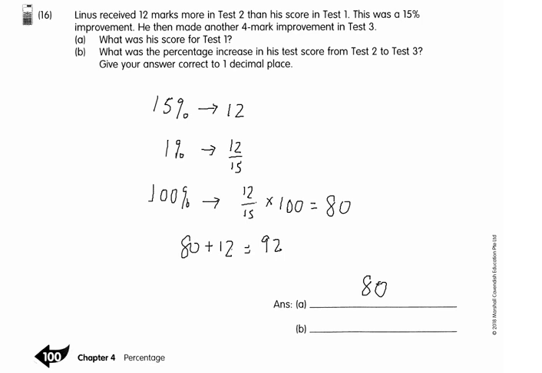Because we know the increase is 4 marks. From test 2 to test 3, we know the increase is 4 marks. Over the original, since we are comparing test 2 and test 3, which is the original? No response from the class. So it will be 4 over 92, right? Correct?